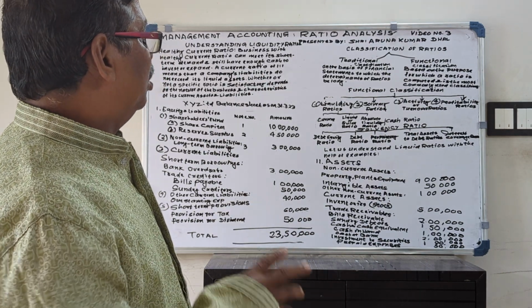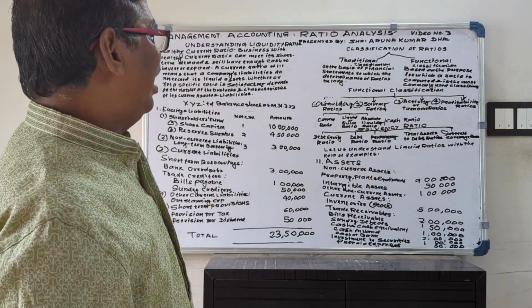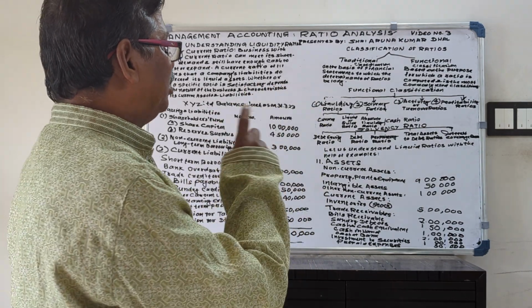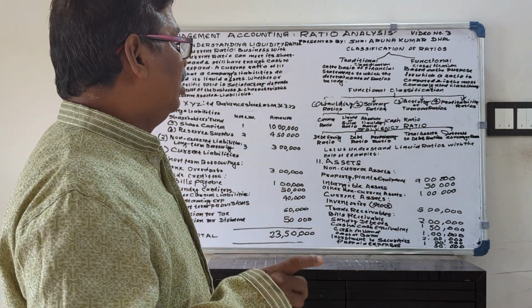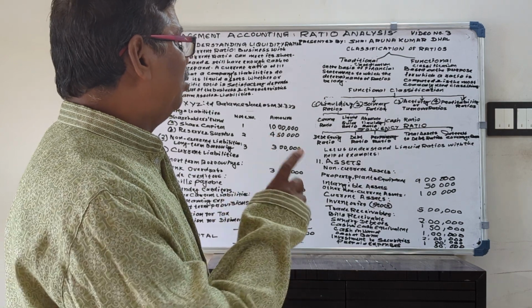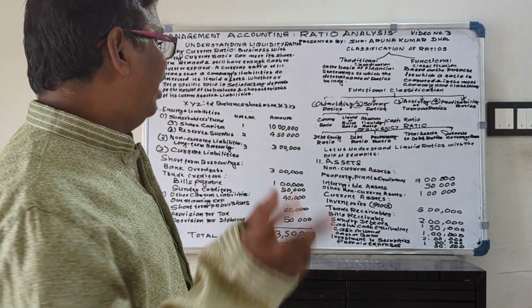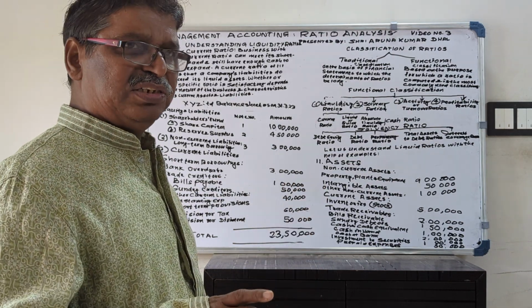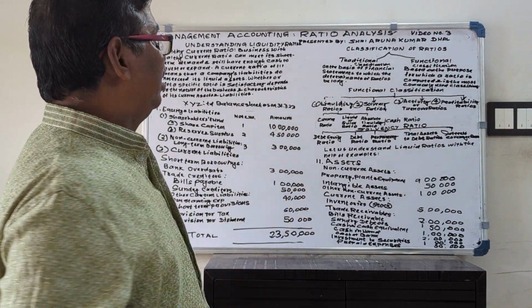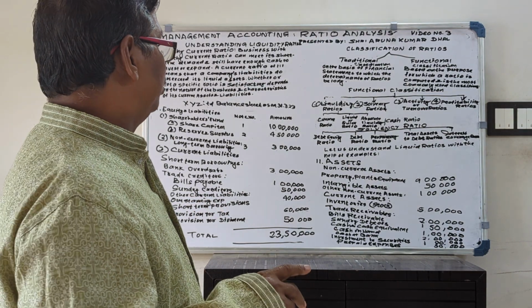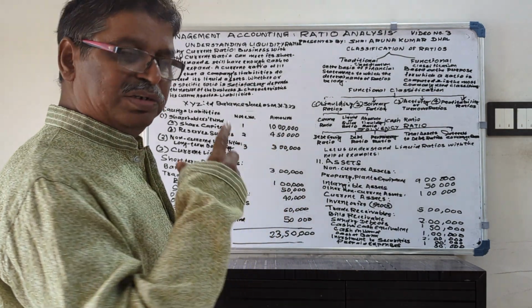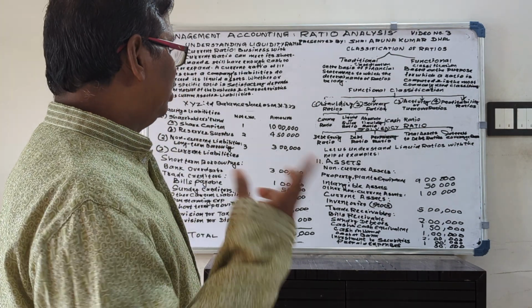But functional classification is based on the purpose for which a ratio is computed, and it is the most commonly used classification. In banks, we follow the functional classification for analyzing the financial ratios submitted by prospective borrowers or existing borrowers.